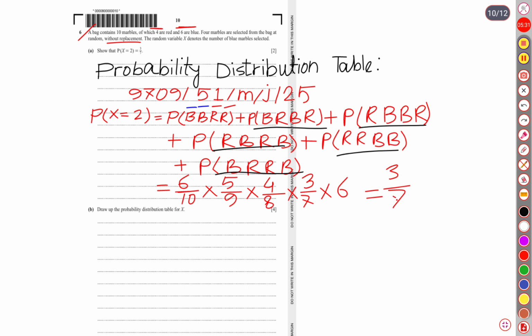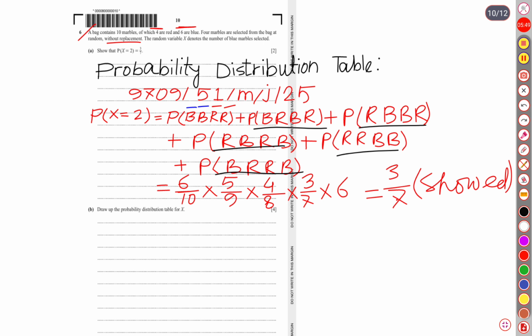Shown. They told us to show that the probability of picking two blue marbles out of 4 is 3 over 7, and we did so.